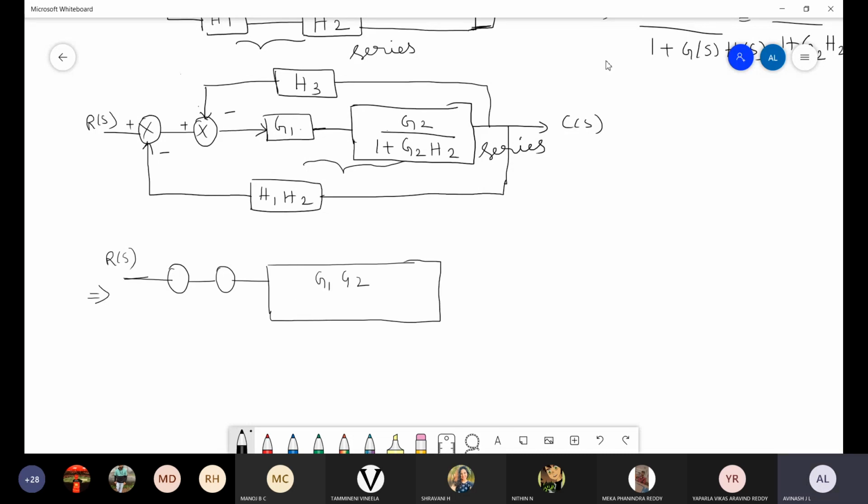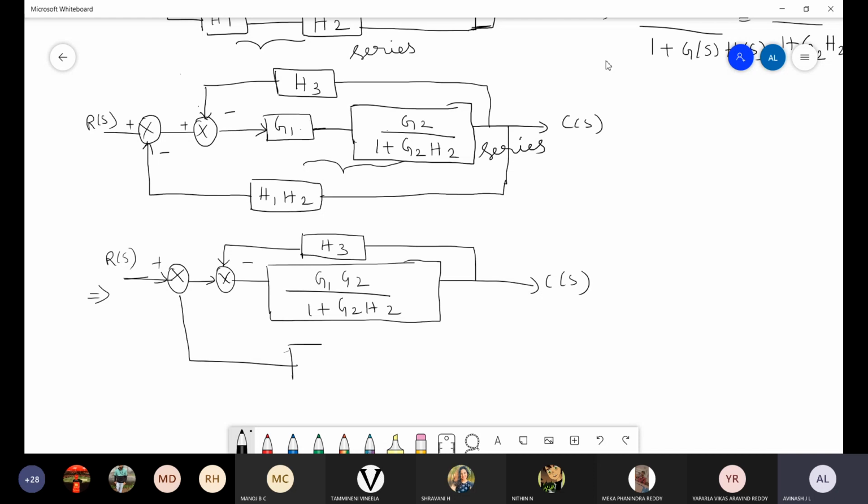G1 into G2 whole divided by 1 plus G2 into H2, C of S, and this particular thing H3, and here it is minus sign, fine, plus, and here it is H1 into H2.